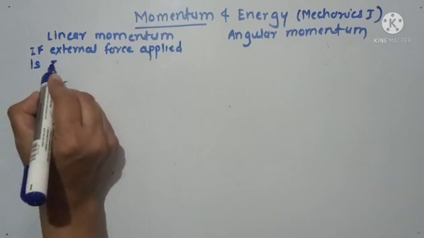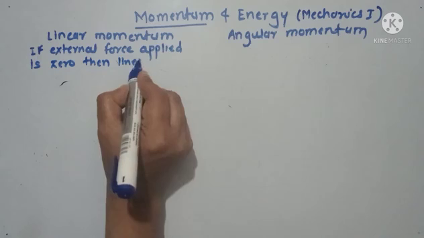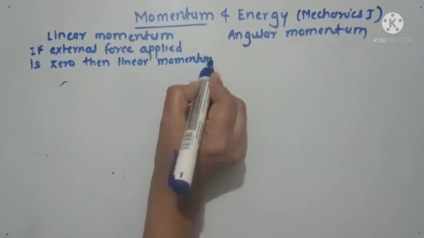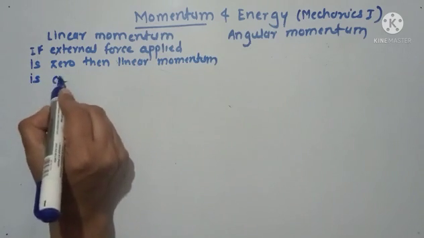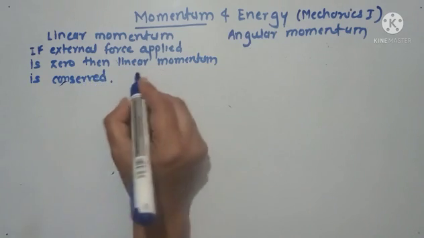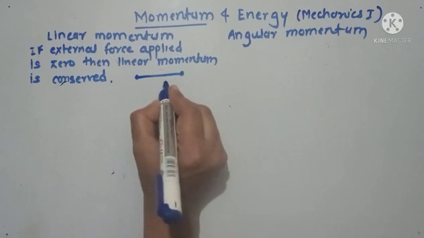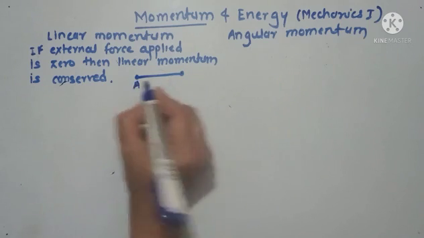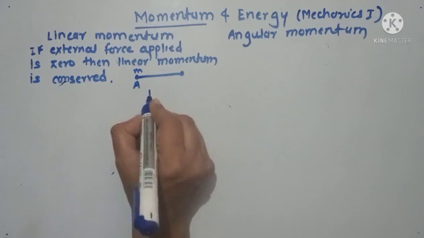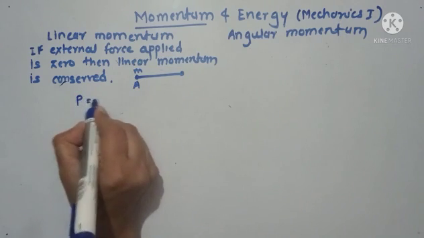As we have already seen, if the particle is moving in a straight line, linear momentum is associated with it. Suppose this is A having mass m and it is moving with the velocity v, so the momentum is given by P equals mv.